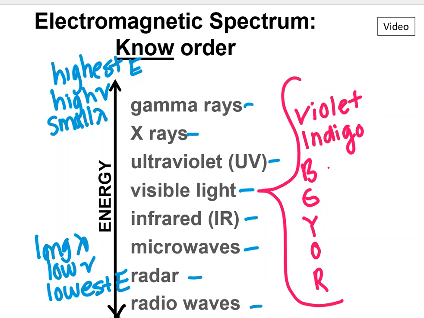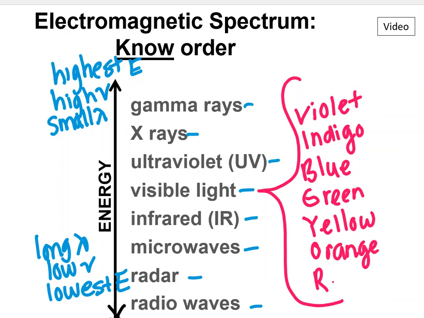Indigo is a color kind of between blue and violet. Okay, so there's our rainbow. And again, this is in order, so this is the highest energy, and red is the lowest.